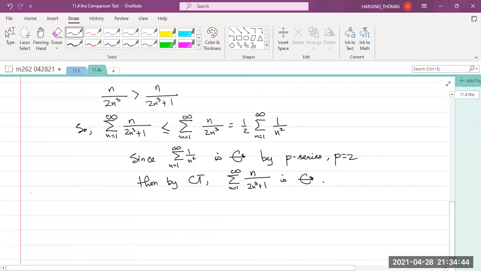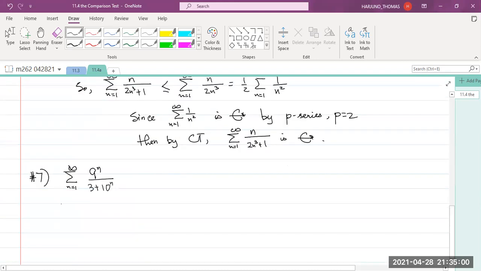Number 7. How about the series from 1 to infinity of 9 to the n over 3 plus 10 to the n? Solution. Yeah, of course, that 9 to the n over 3 plus 10 to the n is always positive and less than 9 to the n over 10 to the n.